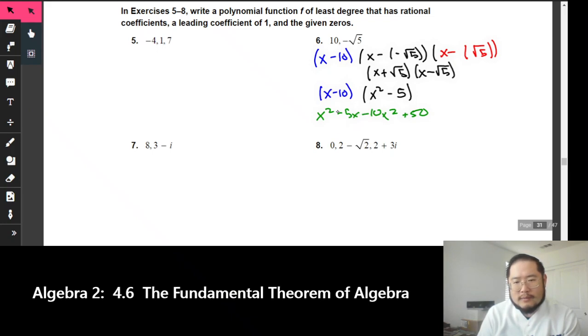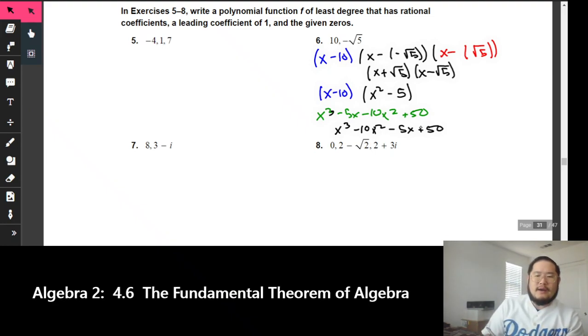Oh, whoops, sorry, this is supposed to be x to the third. So we've got x to the third, and then minus 10x squared minus 5x plus 50, and there you go. We now have this in descending order.